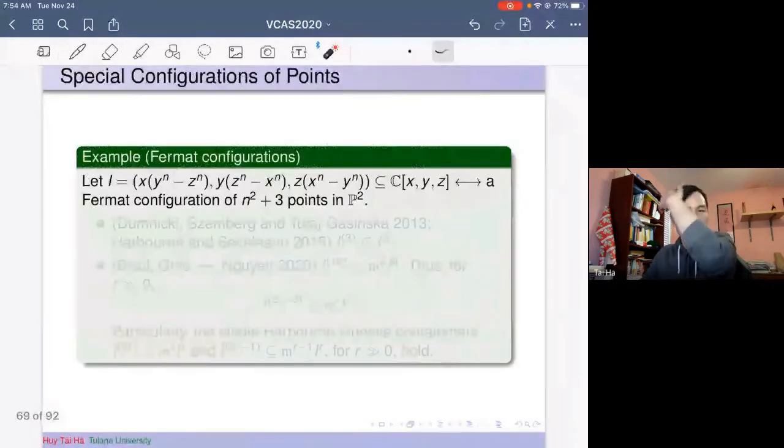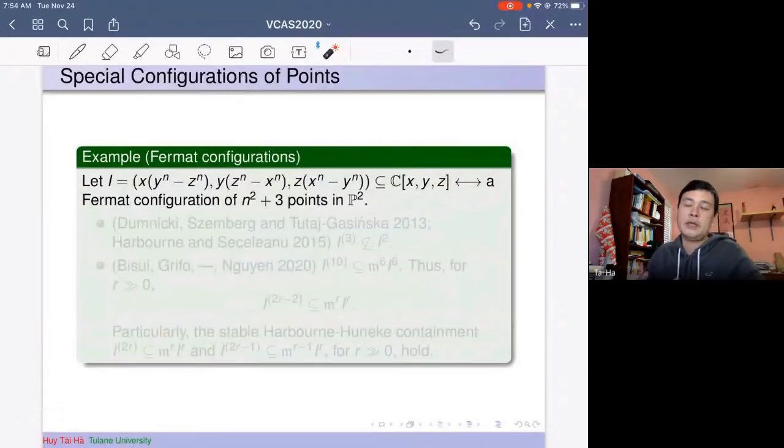So let me now spend my last few minutes considering a number of examples of point configurations that are known to be counterexamples to the Harbourne conjecture. For example, the first one I'm looking at is the Fermat configuration. This is the configuration of n squared plus 3 points in P2 given by this ideal inside the polynomial ring in 3 variables.